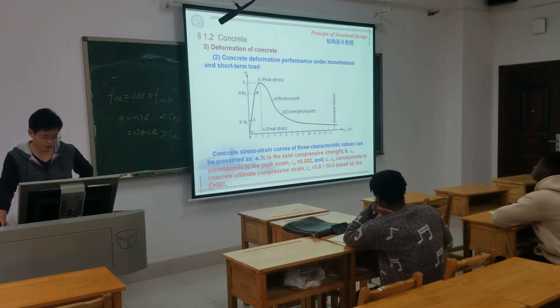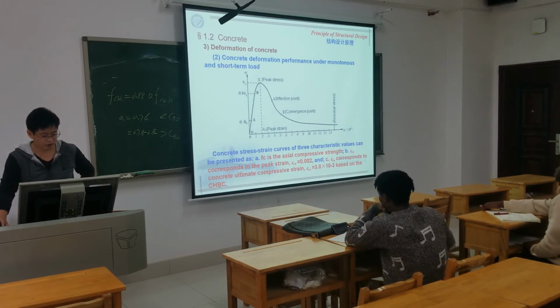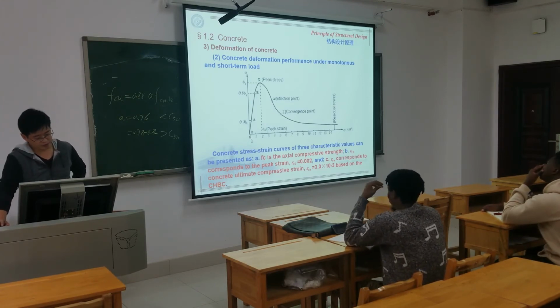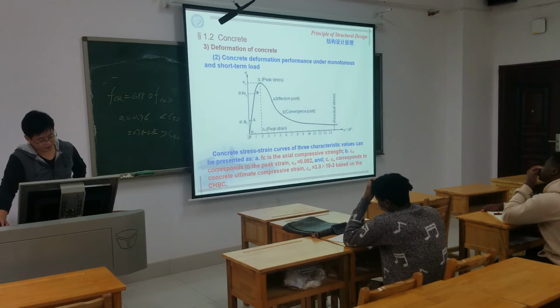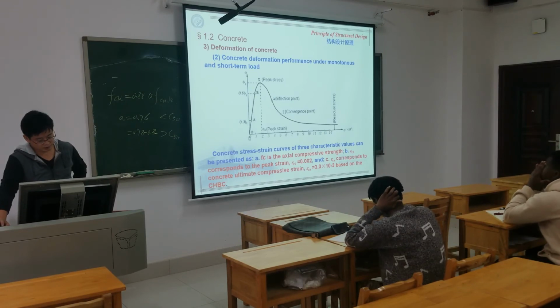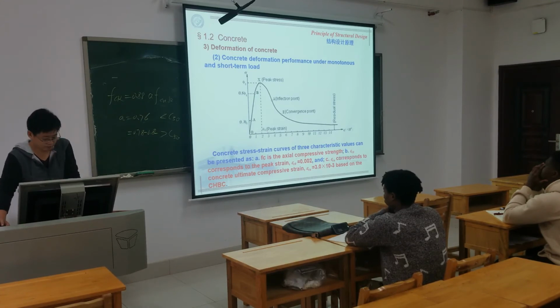So this is the curve of stress and strain for the concrete, the concrete deformation performance under monotonic and short-term load. We can see at the first part the concrete works like an elastic material. The stress increases with the strain, just proportional.